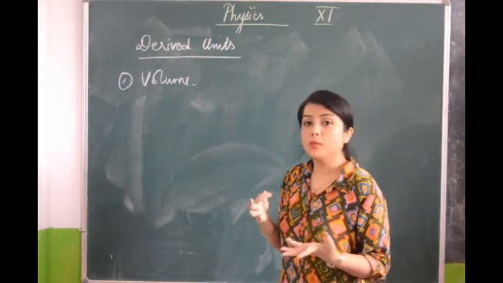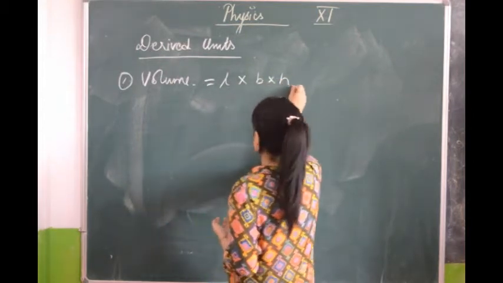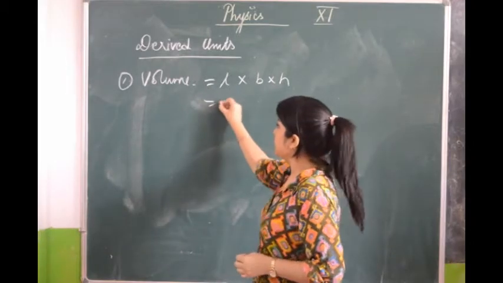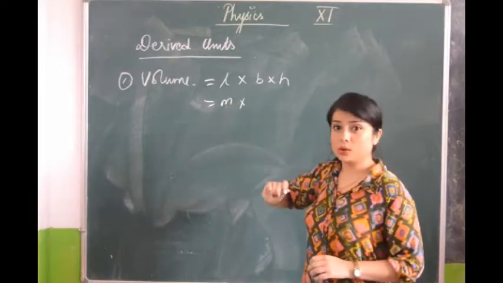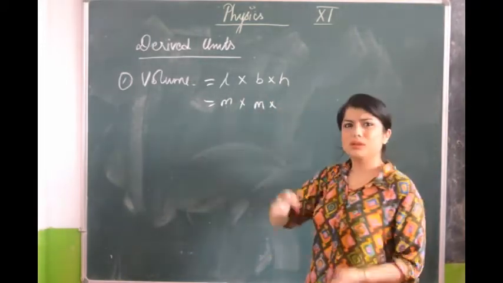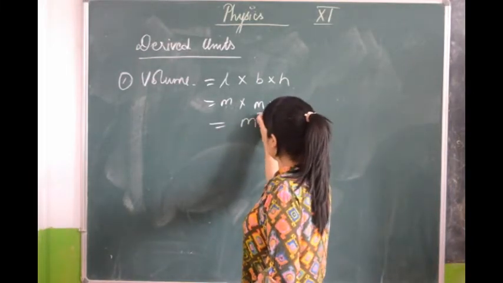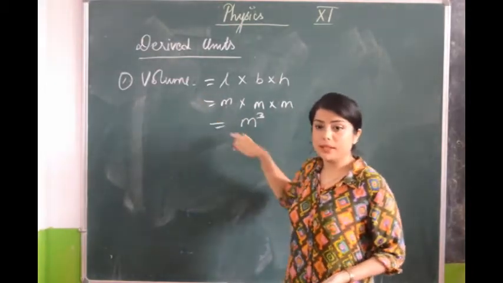The formula of volume is L into B into H: length, breadth, height. The SI unit of length is meter. Breadth is also a length, so it is meter. Height is also length, so it is meter. So this becomes meter cube. From here, the unit of volume is meter cube.